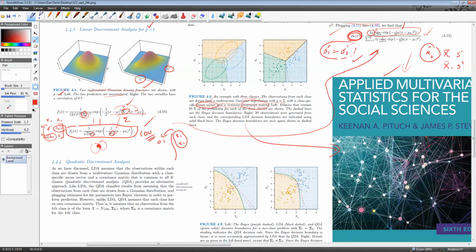The common covariance matrix is easier to visualize, because you can say, well, I need a covariance matrix for each of my classes, right? I need a covariance matrix of x1, x2 for class 1, for class 2, and in this case, for class 3, because there's three classes.